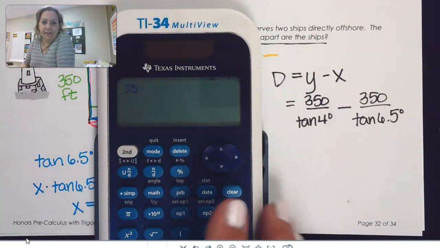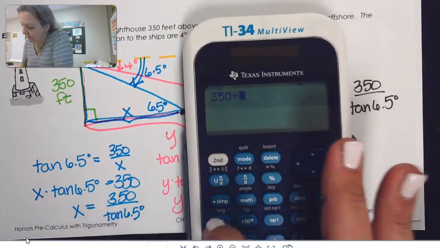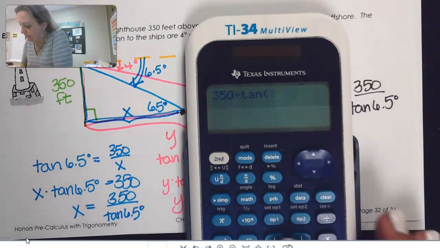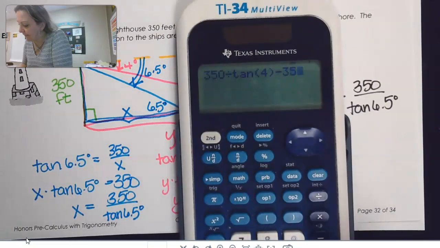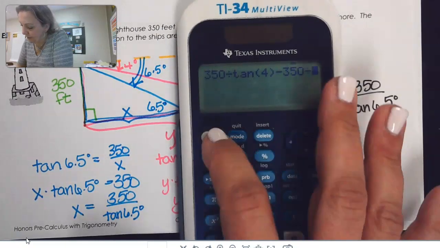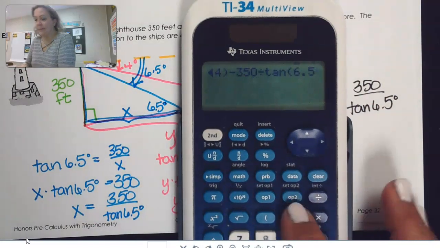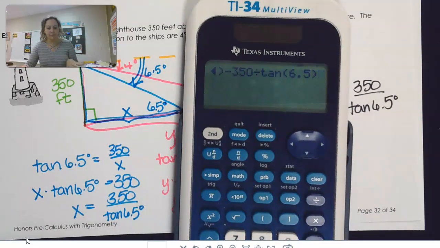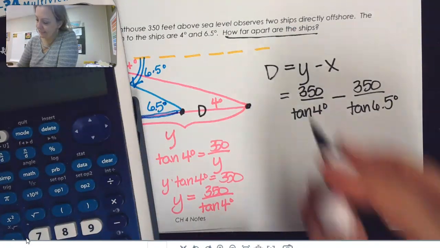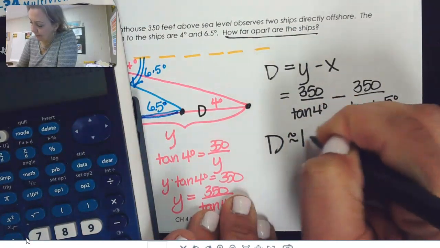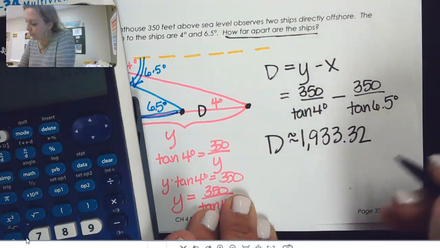So I'm going to take 350 over the tangent of 4 degrees minus 350 over the tangent of 6.5 degrees. And I'm in degree mode, so I don't have to mark it with degrees or anything like that. And then that's going to be my distance. My distance is about 1,933.32 feet.